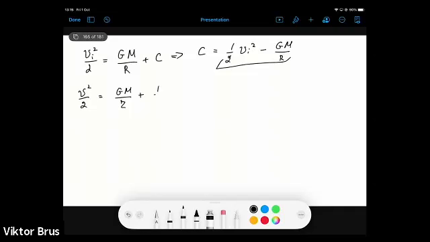So it will be plus 1/2 of V initial squared minus GM divided by the radius of the planet. Now let us rearrange this. It will be 1/2 V initial squared minus the gravitational constant times the mass of the planet times 1 over the radius of the planet minus 1 over the distance to the center of the planet.